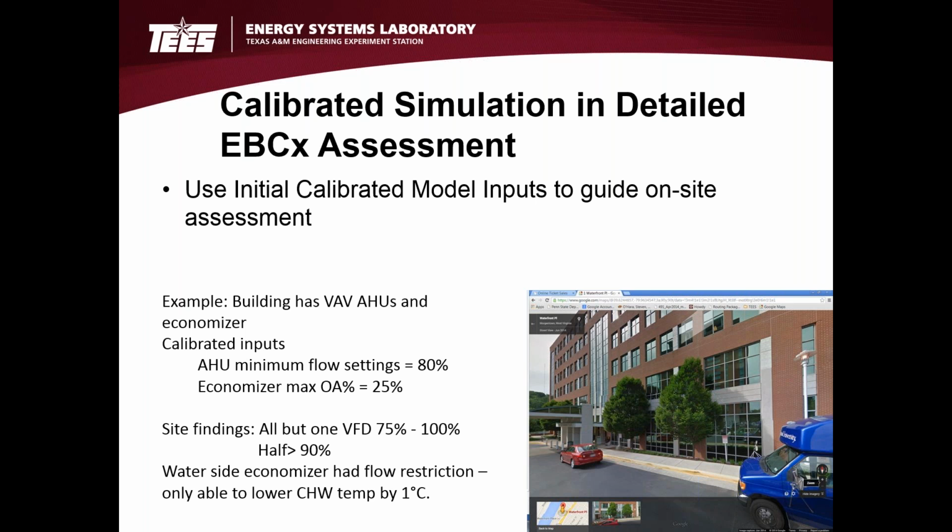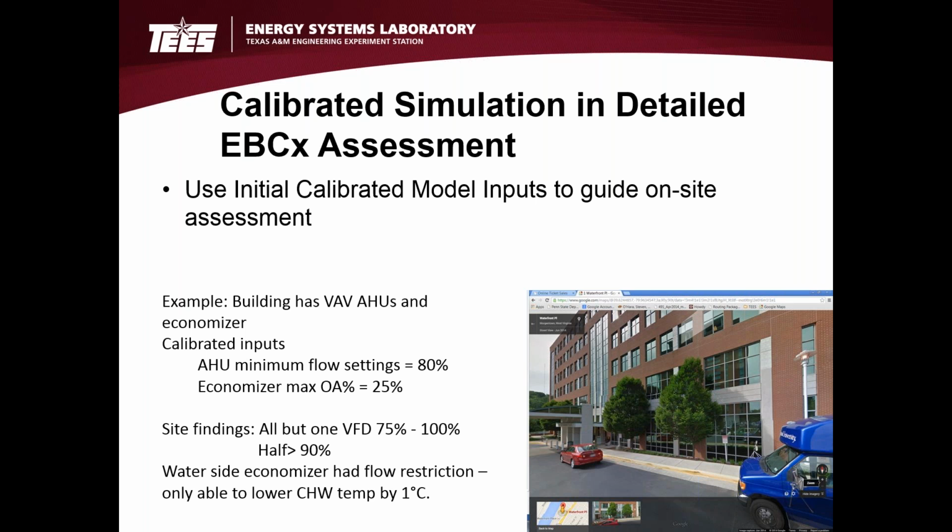What I've shown here is a picture that I got off of Google Maps 2 or 3 years ago, before we went to visit a particular site. I had a little bit of information about the systems in the building. I didn't know anything about the physical details, and so I used this picture to give me some idea of what kind of window area it had, and even the number of floors in the building.